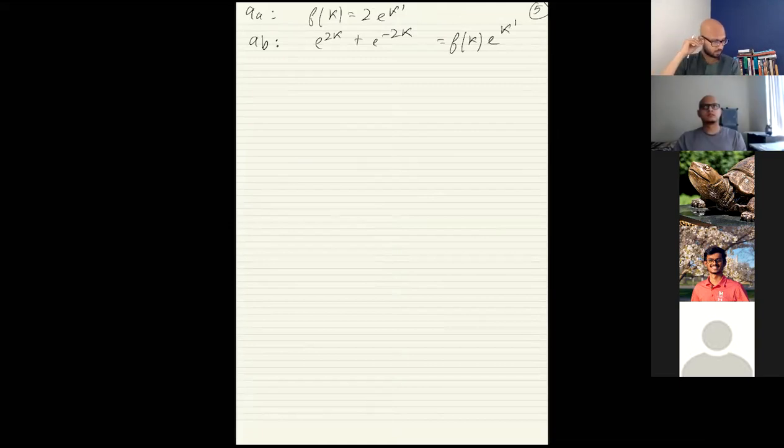So let's solve this. Let's first solve for k prime. How do we solve this equation?